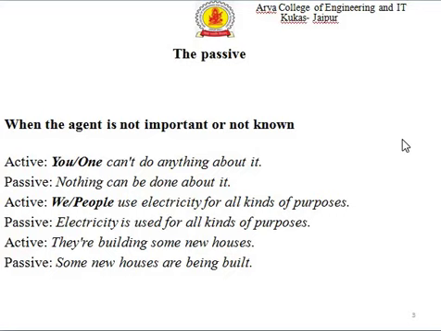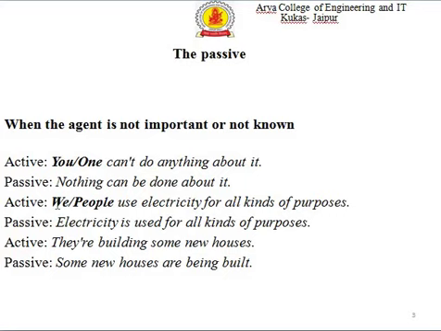When we don't have a specific subject, we denote it with a general pronoun. So for such an active, the passivization is: nothing can be done about it. Again I repeat, you can't do anything about it. Nothing can be done about it. So do, its passivization is be done.